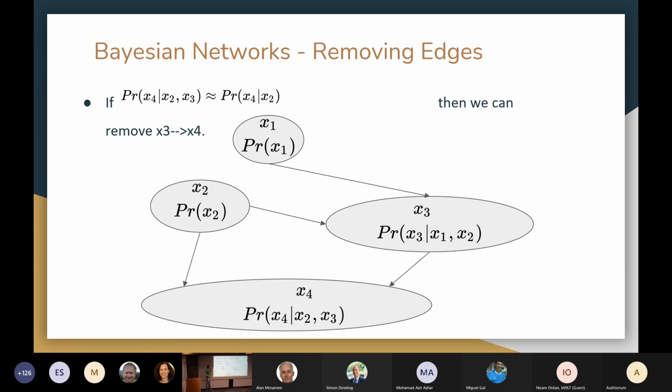Then say, just for the example, that for the probability of x4 given x1, x2 and x3, I don't even need x3, it's enough to have x2, so I'm going to remove the edge from x3 as well. Now I'm left with a nice slim Bayesian network, where here I went down from 100 squared to 100. So I cut off my complexity significantly, and I'm still able to reach an accurate calculation.